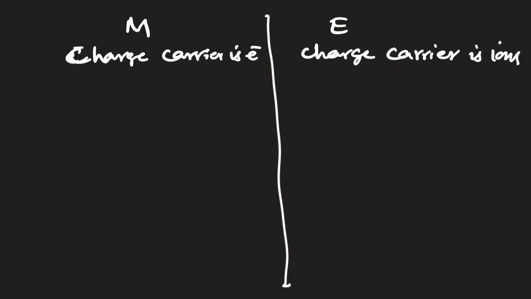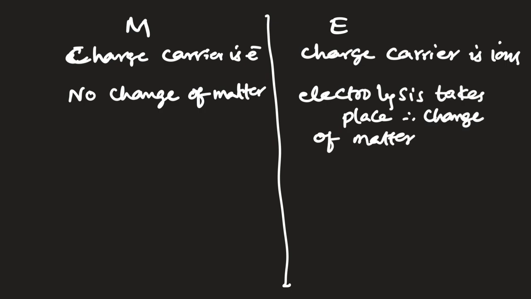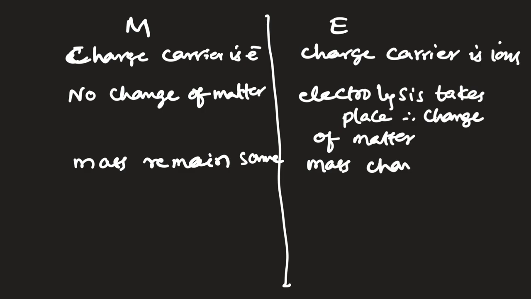Next, no change of matter in a metal, as it is metal only. So mass remains the same. Here, electrolysis takes place, therefore change of matter takes place and mass changes.